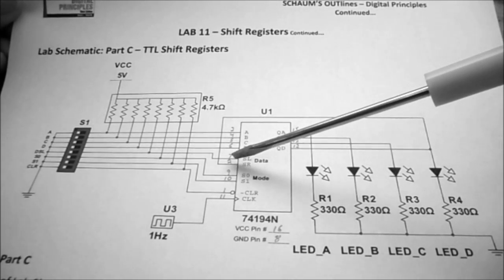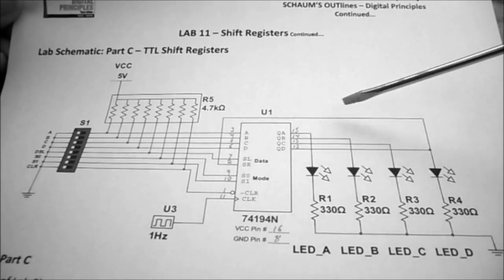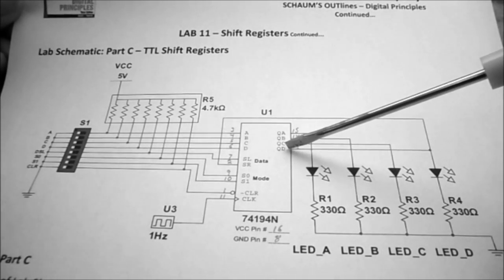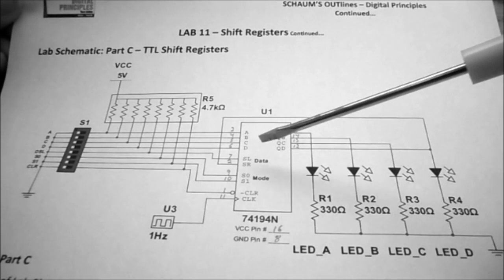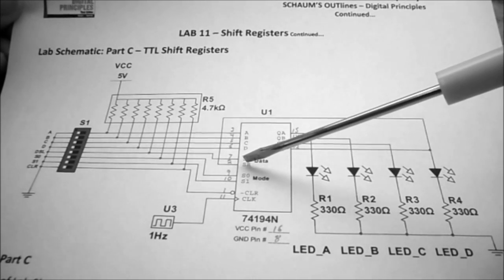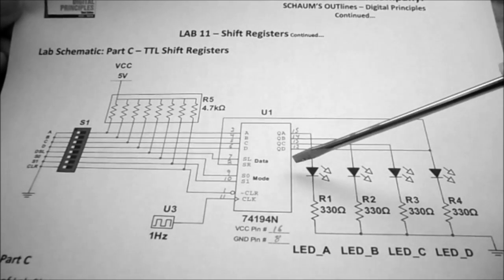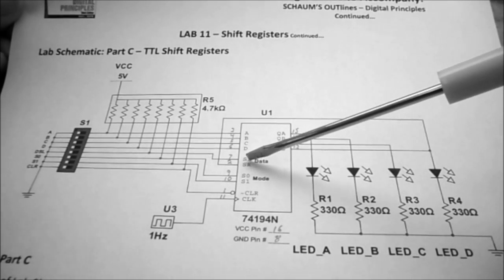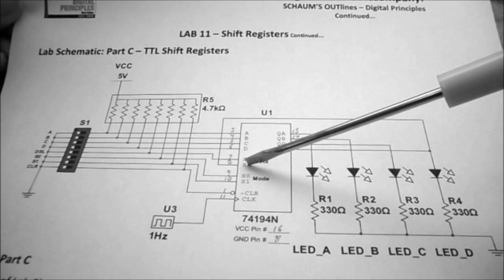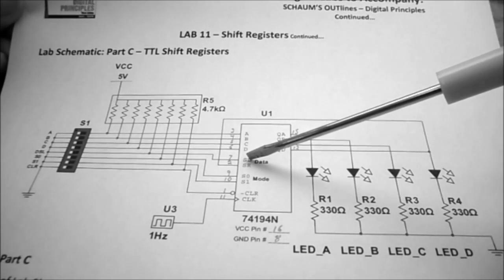We also have pin 2, which is recirculating in from QD. Okay, so that's our data for shifting right. So when we bring something in, we have to bring it in from a couple of data lines. So we've got data for shift right and we got data for shift left.